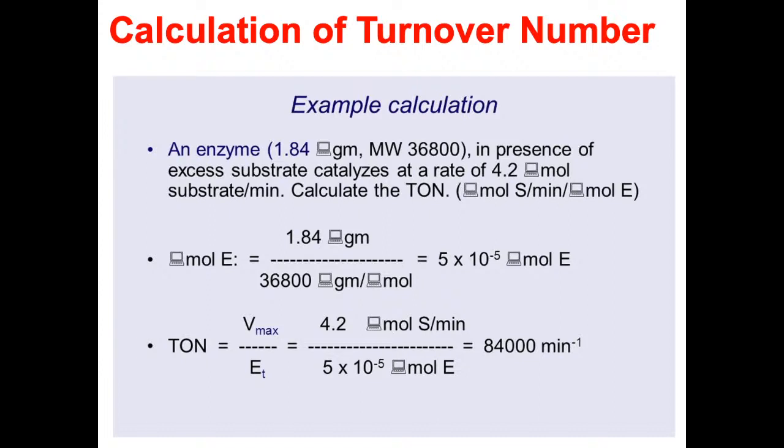Then to calculate the turnover number, we do Vmax divided by ET. Vmax is given as 4.2 mole substrate per minute, and the enzyme concentration is 5 multiplied by 10 raised to power minus 5. So the value would be 84,000 per minute. That means 84,000 substrate molecules will be converted to product per minute. That's the turnover number of this enzyme.